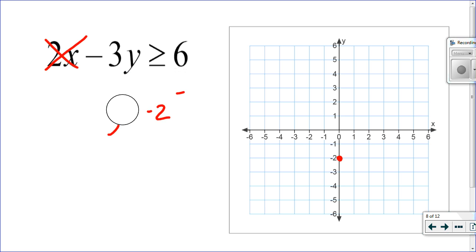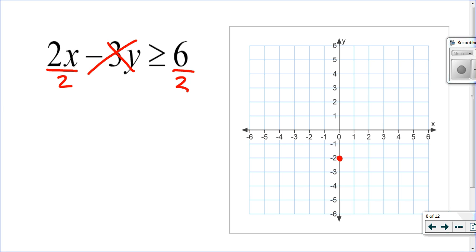Now I'm going to go back and I'm going to find my x-intercept by substituting a 0 and essentially getting rid of that term. This time I'm going to divide by 2 then, and I'm going to get x equals 3. So I have my line, graphing that in standard form. Okay.